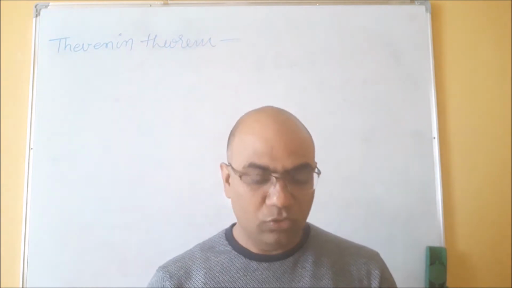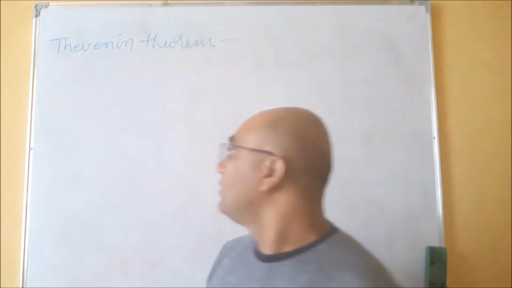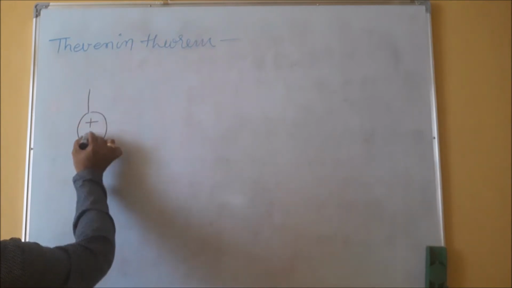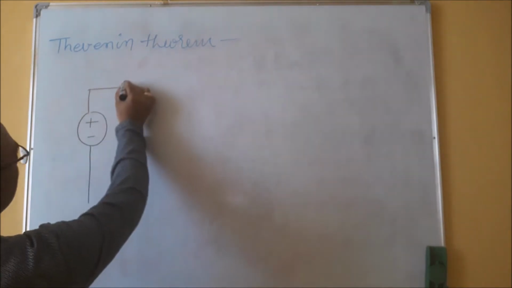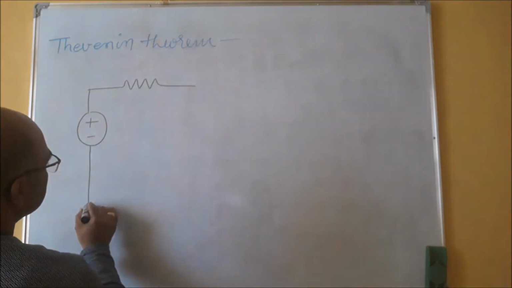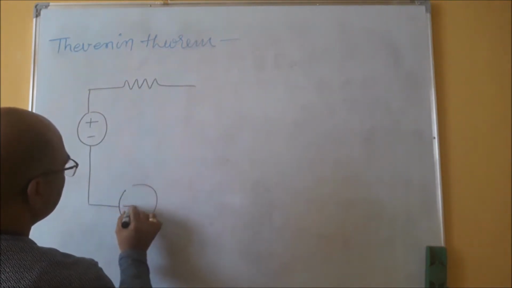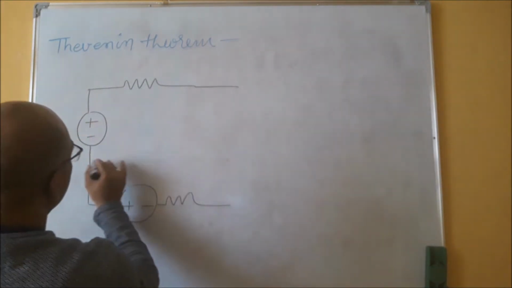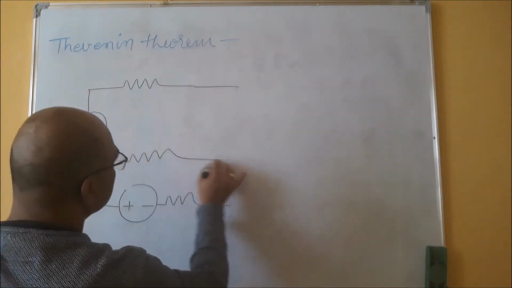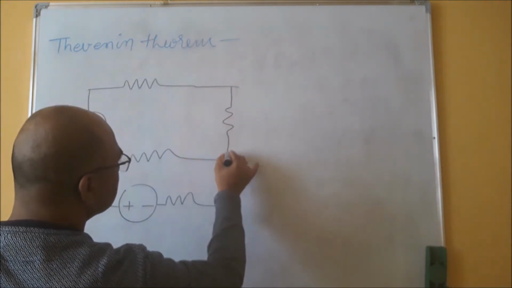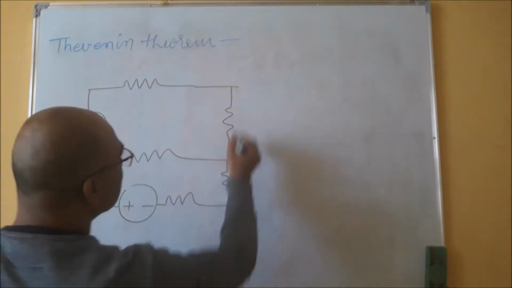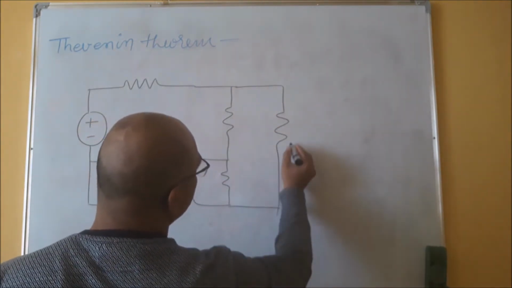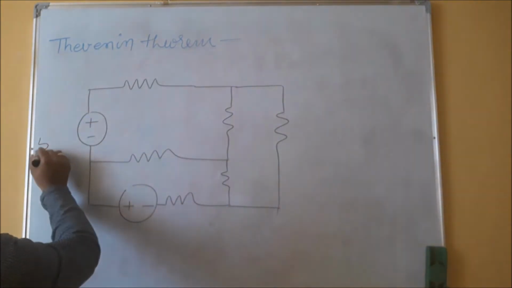For example, a circuit is like this: a voltage source, one resistance, another voltage source, and then more resistances, and finally one resistance over there. Suppose this is the circuit.